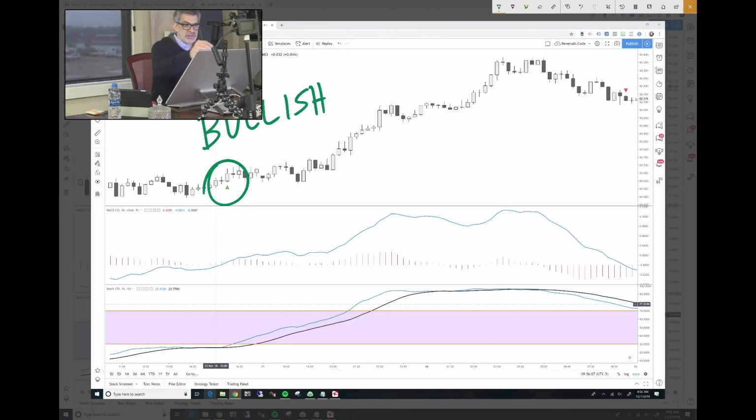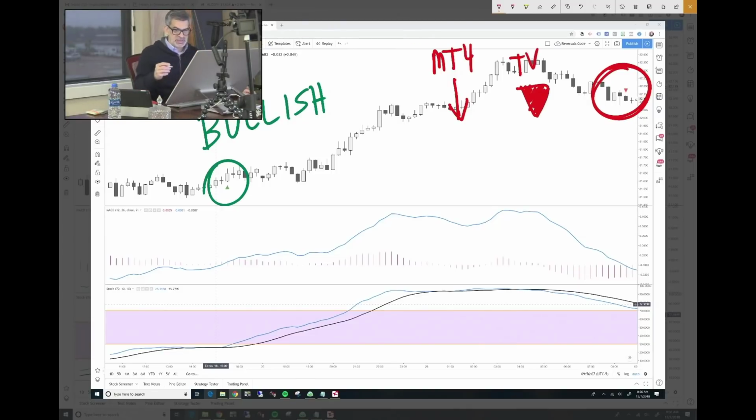Okay, and then off to the side here, we have a bearish reversal tab, which on TradingView looks like an upside down triangle. And on MetaTrader it's an arrow pointing down. And this refers to the fact that the MACD has crossed from above down to below the zero line, and the bears have taken control.